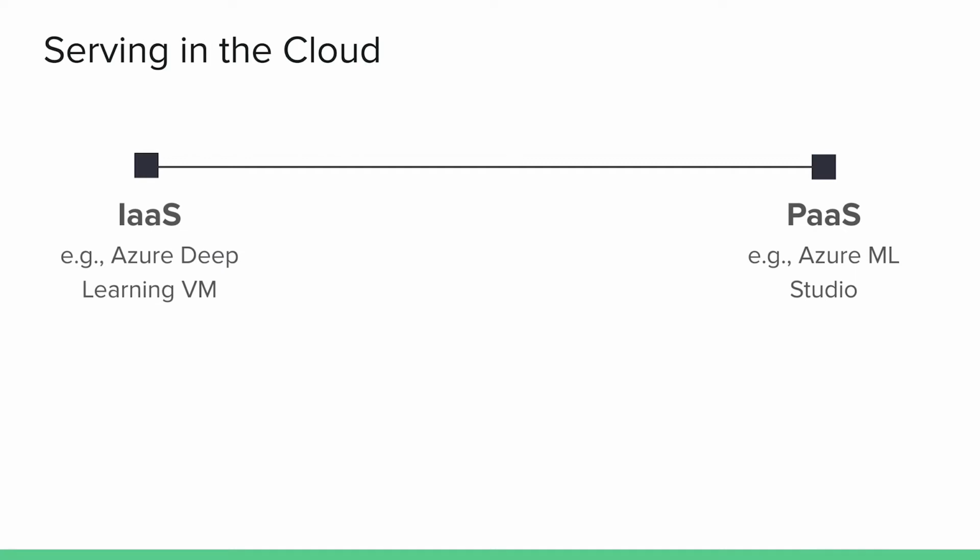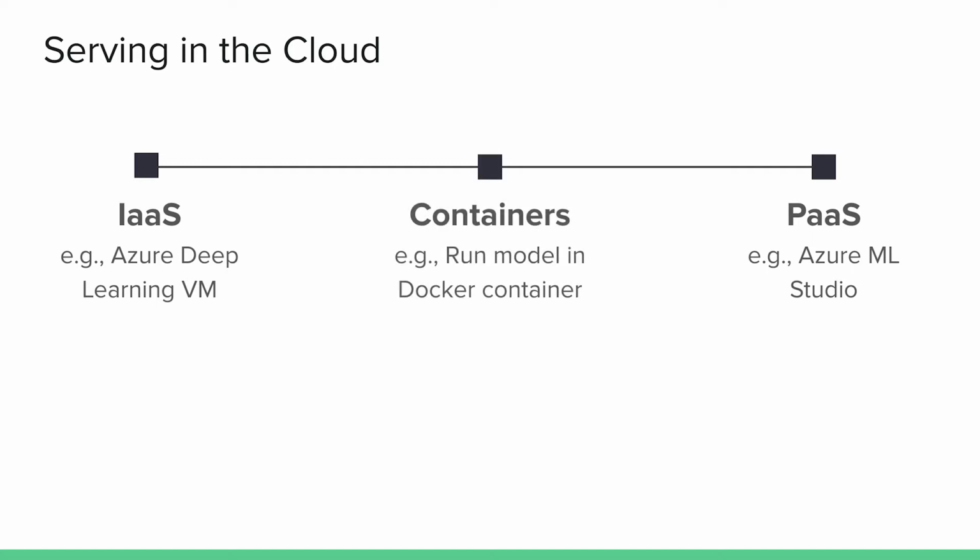In between those two extremes, there is also a middle ground where we can run containers. And that is a very, very popular way. If you've never worked with Docker and containers before, I highly recommend this. You will come across these at one point during your developer's life.